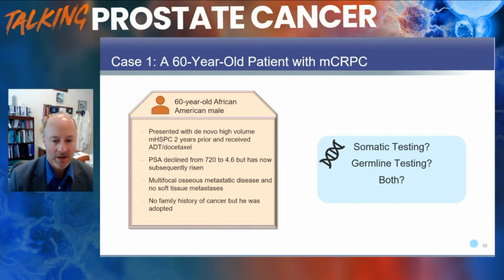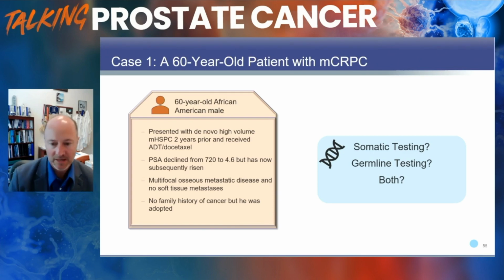And so here's a case of a 60-year-old African-American male presented with de novo metastatic hormone-sensitive prostate cancer, high volume, received ADT and docetaxel, had a nice but transient PSA decline, now rising, no family history, but he was adopted. And so hopefully, again, this is not a difficult question.